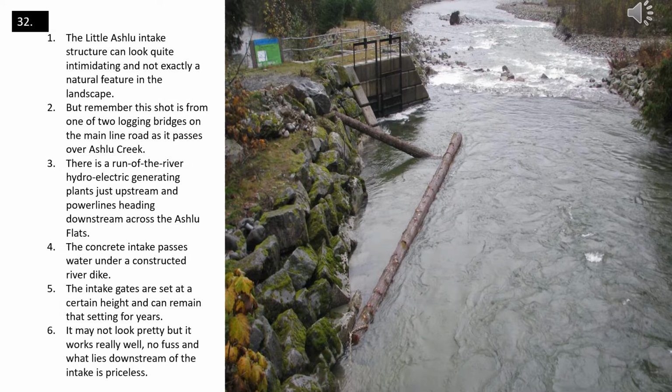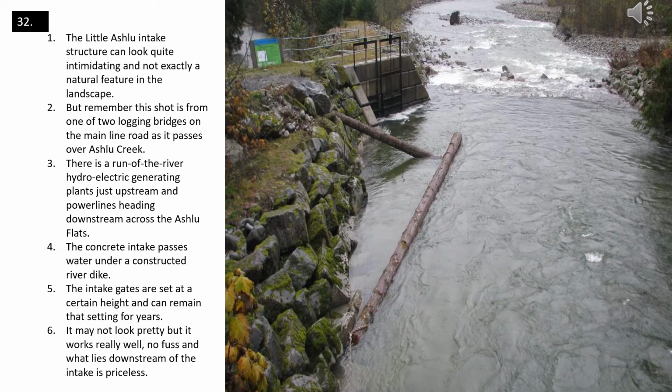This picture is taken standing on one of two logging bridges that cross the Ashley Creek, and we're on the main line logging road heading up the valley. Just upstream is a very large hydroelectric generating plant from the Ashley Run of the River project. And those power lines that come from the plant head down the river crossing the Ashley Flat.